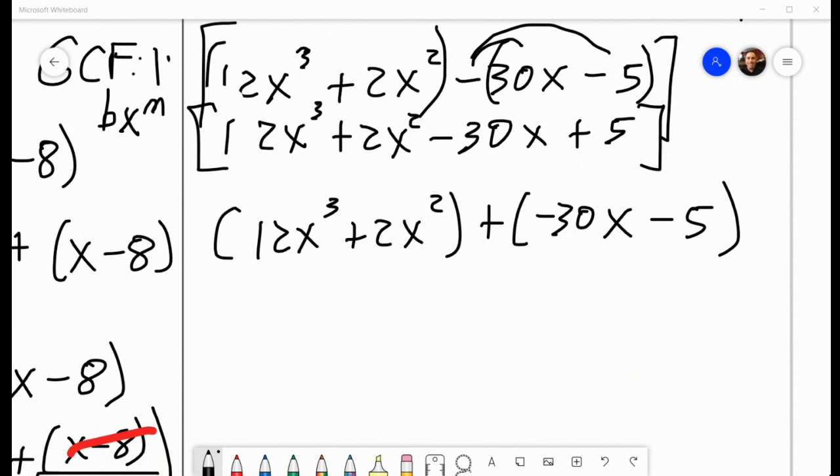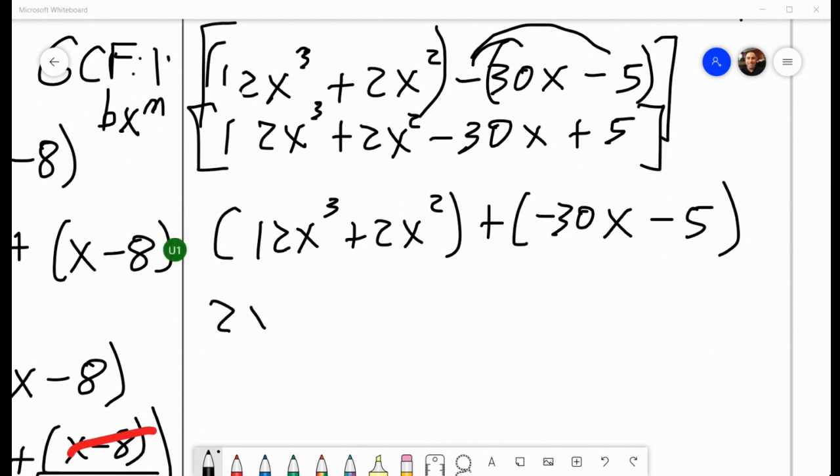So for the 12x cubed plus 2x squared, right? Well, notice we have x squared there, right? 2 is the smallest exponent of x. So we can take that out. And if you look at 2 and 12, 2 is itself a factor of 12.